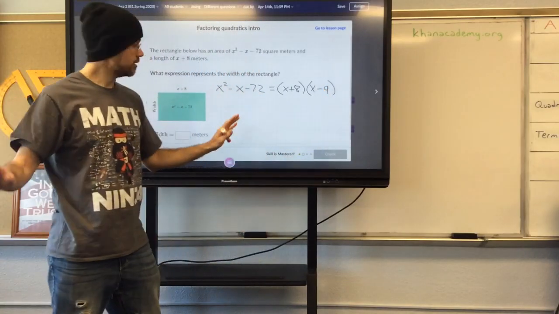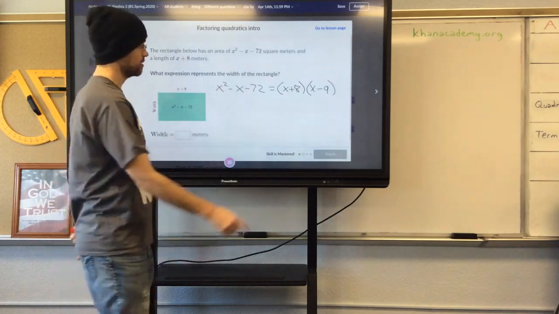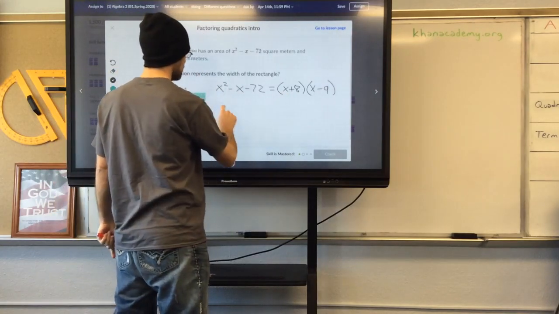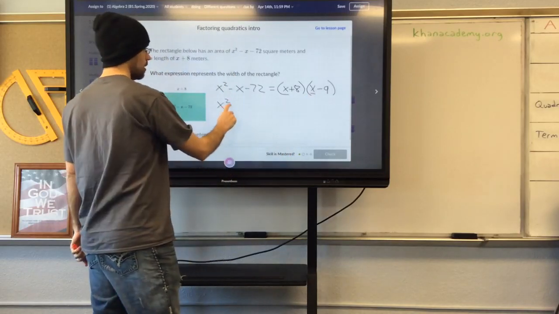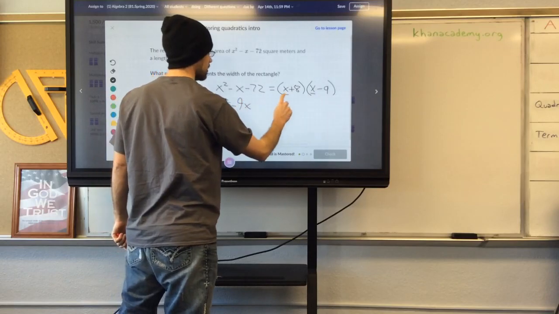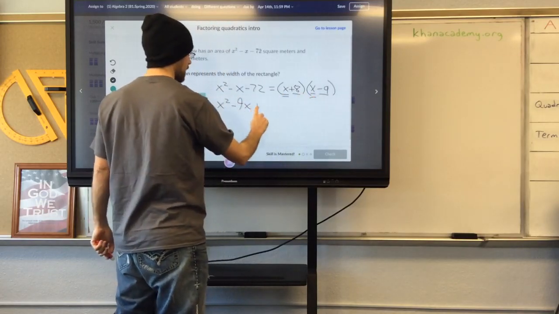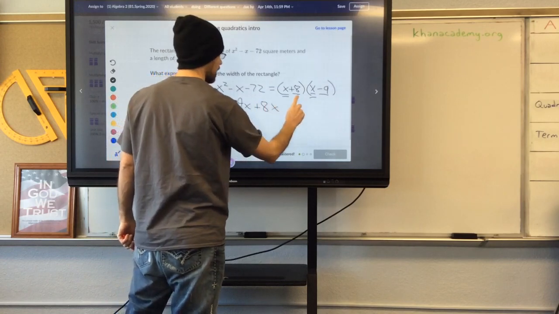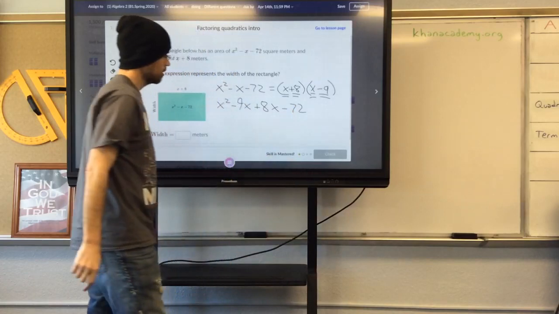Now, if I'm right, then I should get this correct middle term when I expand. So x times x is x squared. That's that and that. X times negative 9 is negative 9x. 8 times x is 8x. And 8 times negative 9 is negative 72.